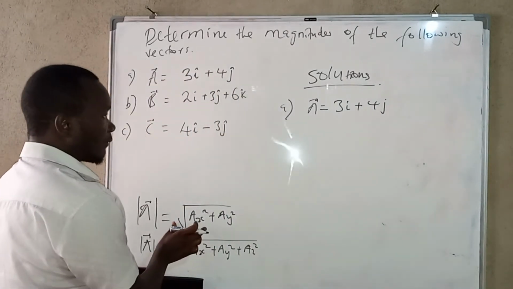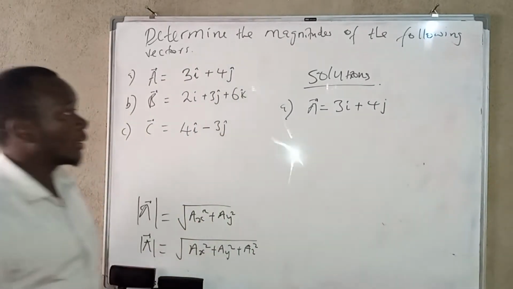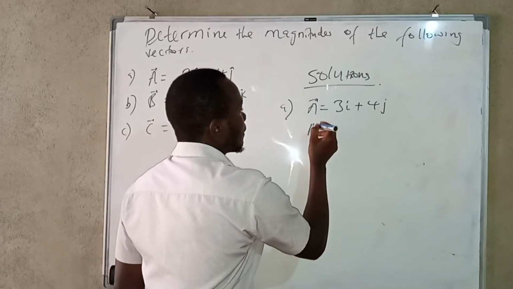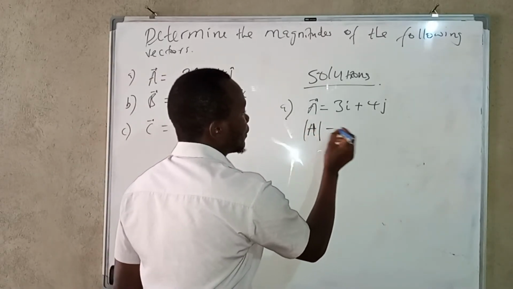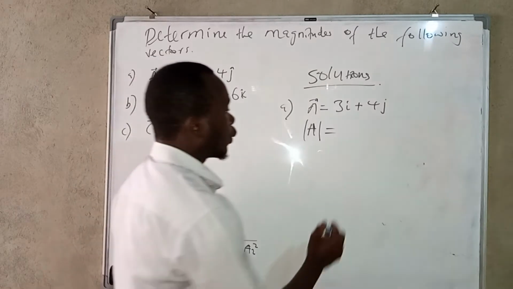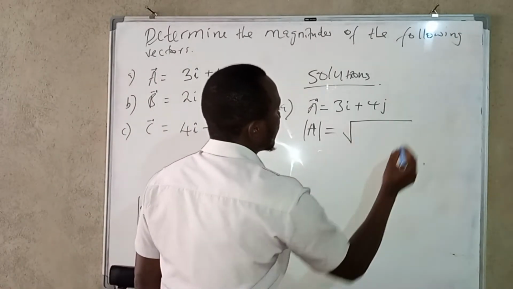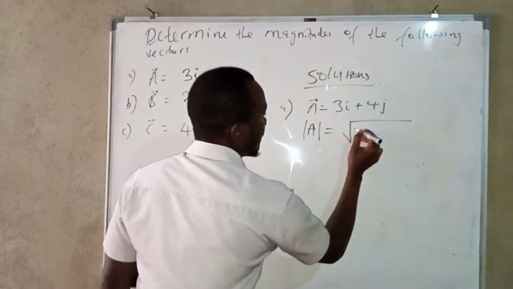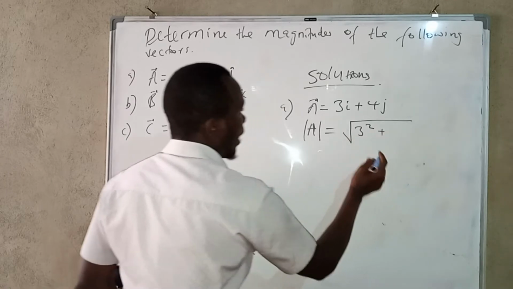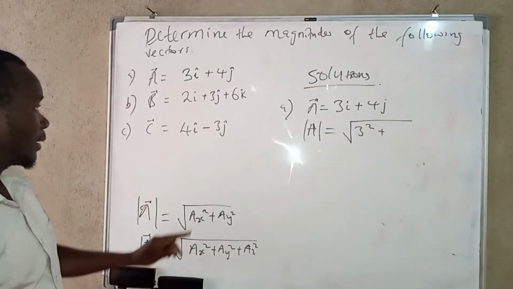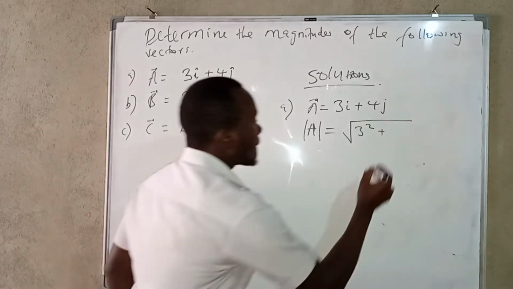Now we know that the magnitude of a vector is given by this. So we have A, which is equal to, our x is 3, then y is 4.